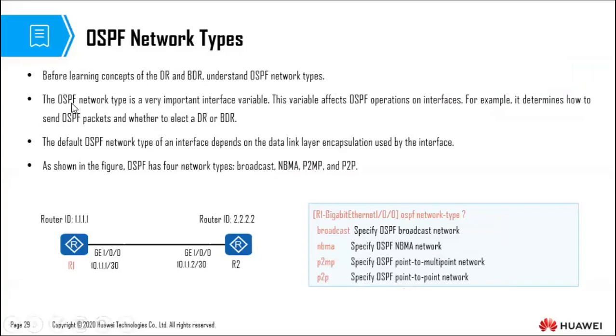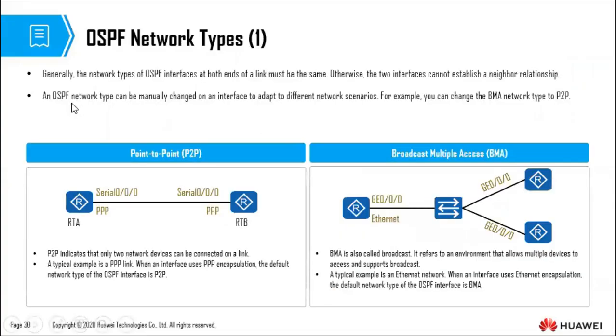Okay. So let's have a look at them. The OSPF network types at both ends of the link must be the same. Very important. That means that the network type you configure on this interface must be the same as the network type you configure on this interface. Is that clear? They must be the same at both ends.